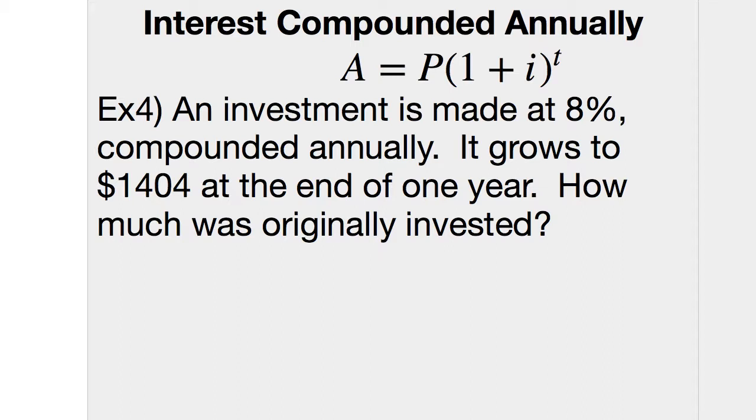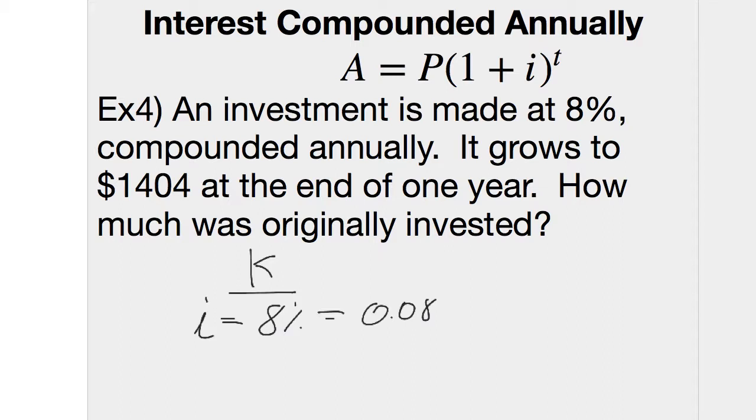An investment is made at 8% compounded annually. It grows to $1,404 at the end of 1 year. How much was originally invested? So the knowns that we have are that the interest rate is equal to 8%, which we can even turn into a decimal right away.